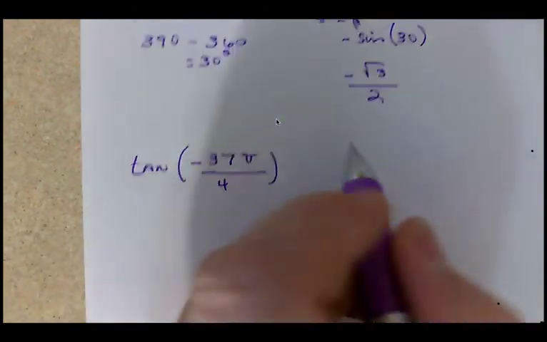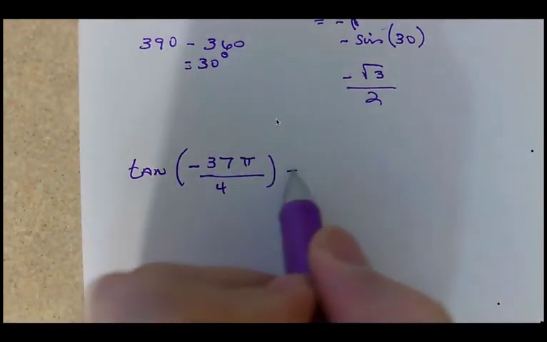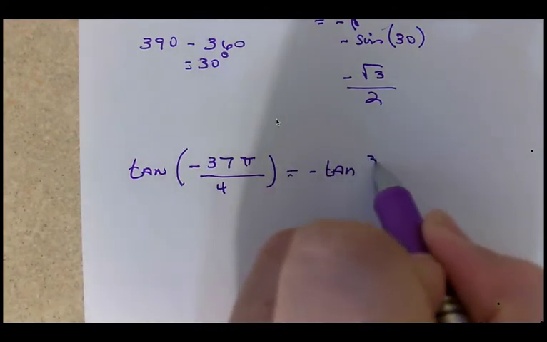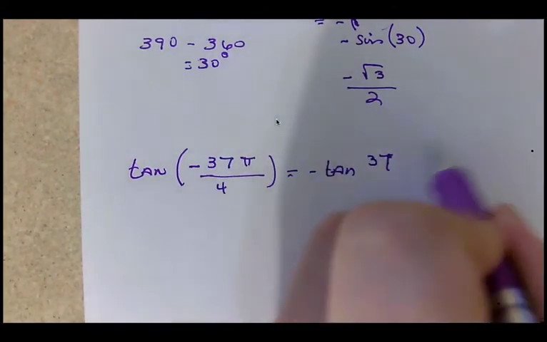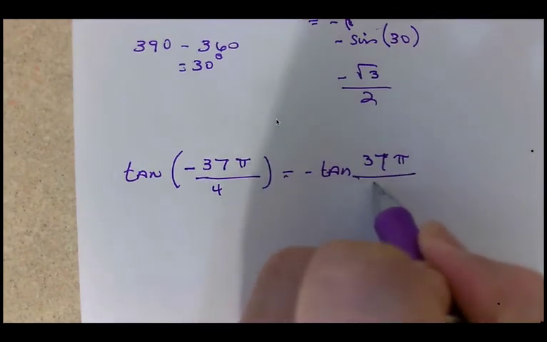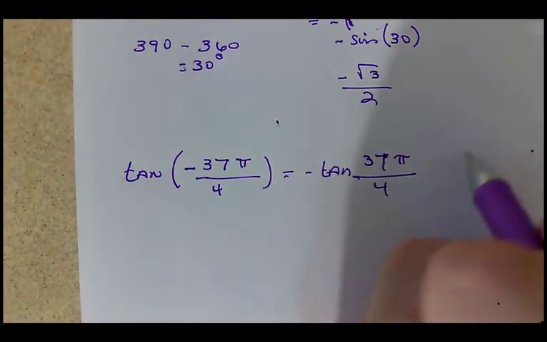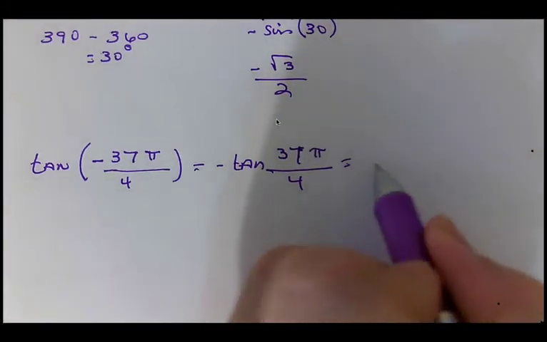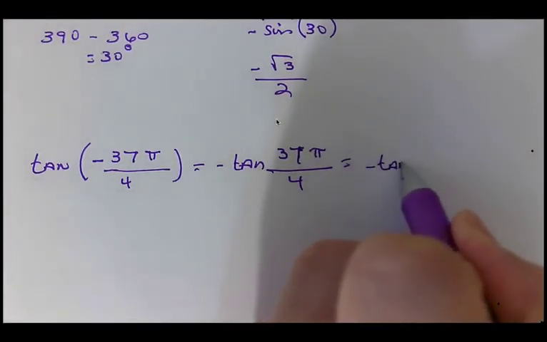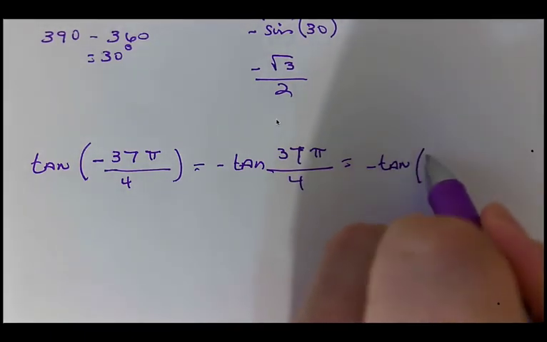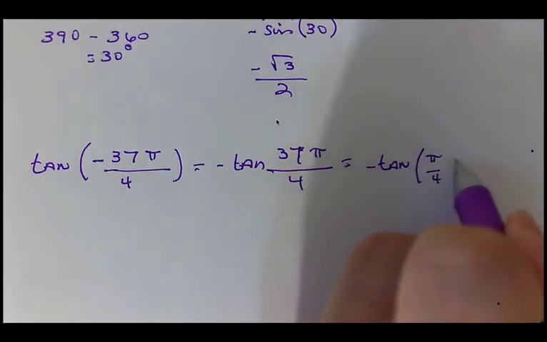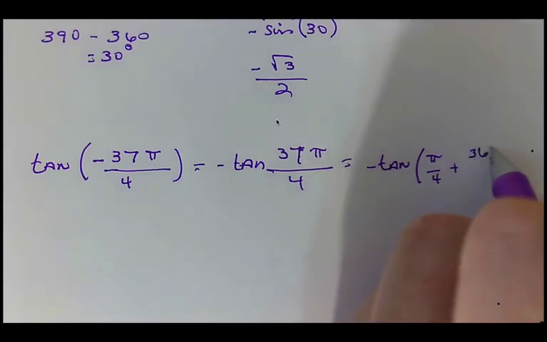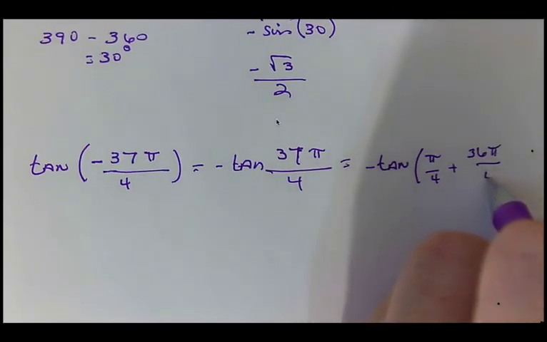We can also say that this is equal to a negative tangent of 37 pi over 4, which we're going to rewrite again, is equal to a negative tangent of pi over 4 plus 36 over 4.